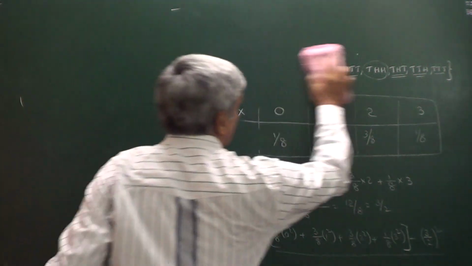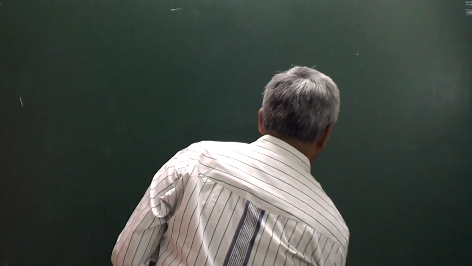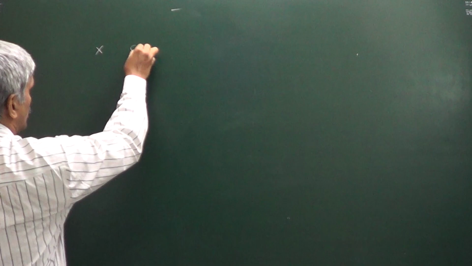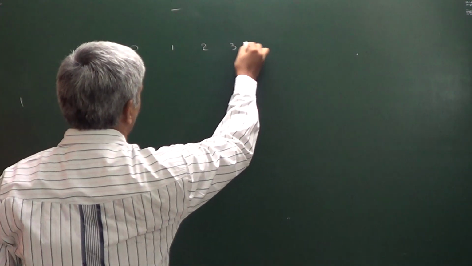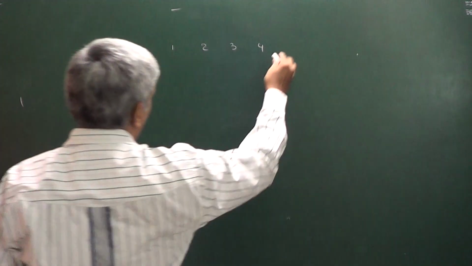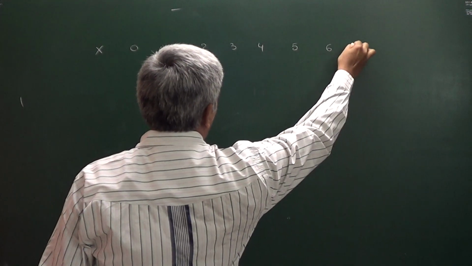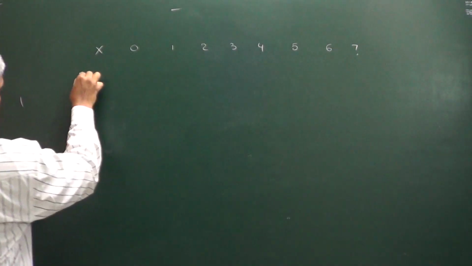So another question, he is asking to find the value of k. The question is given in this way: x takes the values 0, 1, 2, 3, 4, 5, 6, 7. These are the values taken by x, and their respective probabilities are also given like this.